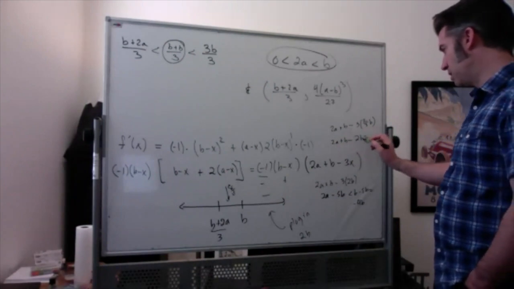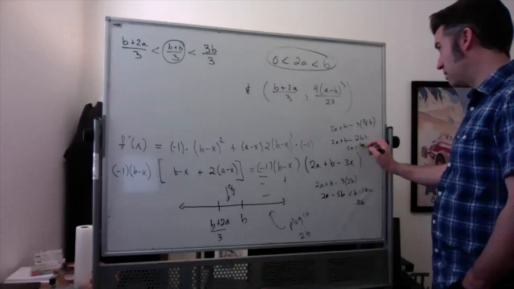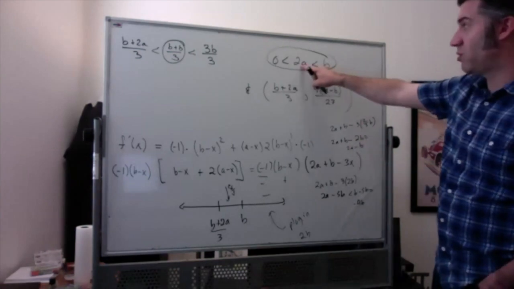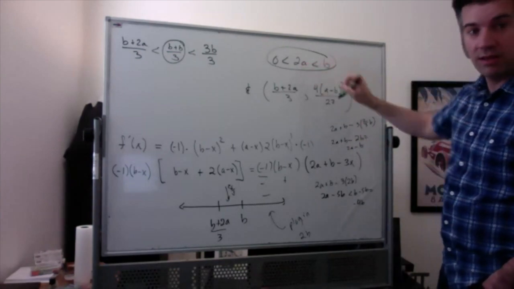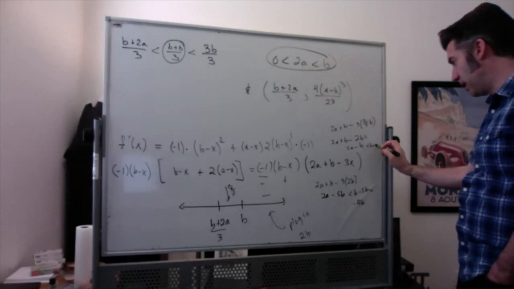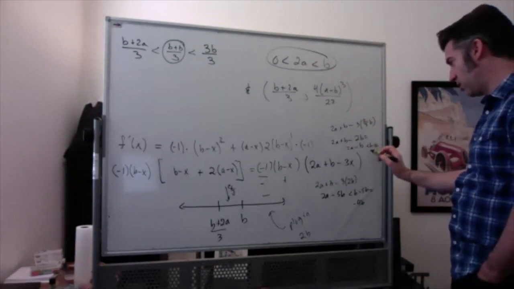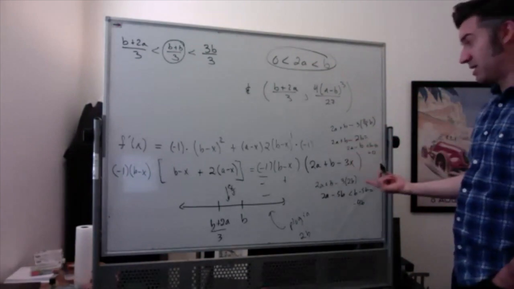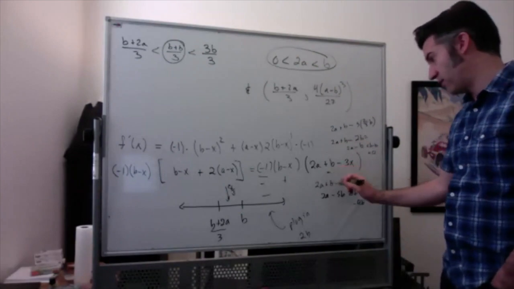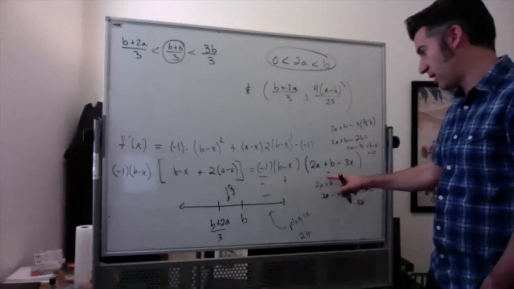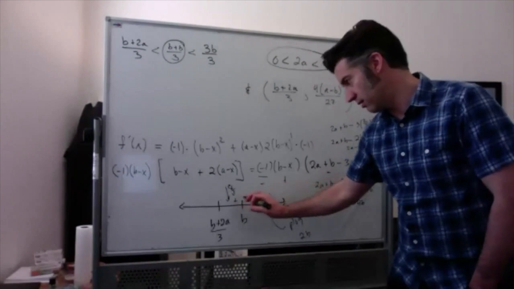This is going to be 2a minus b, but since 2a is less than b, this is less than b minus b, which is 0. So this is less than 0, so this part here is negative. So it's negative, positive, negative, which means overall it is positive.